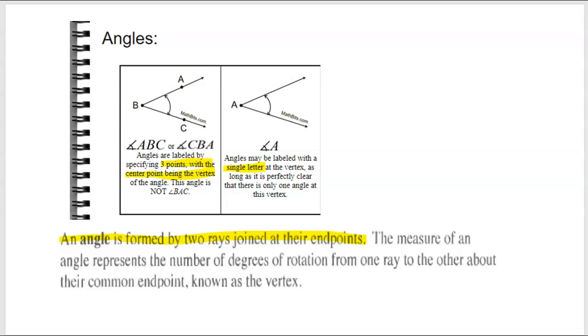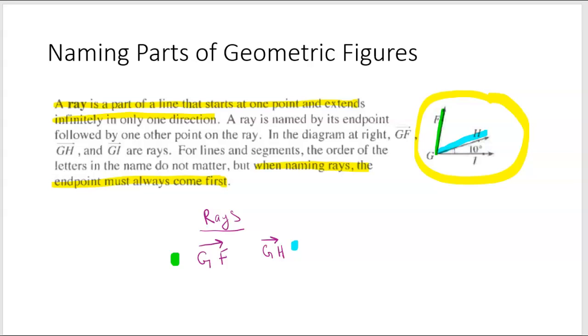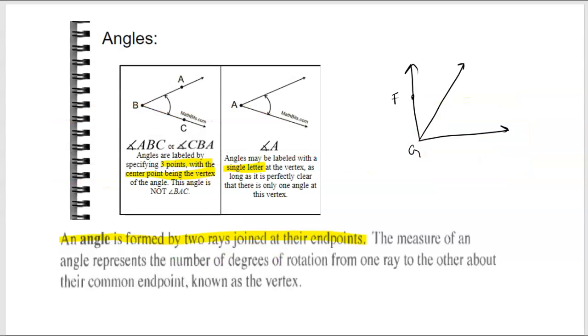So for instance, that last picture, let me redraw it over here. So I believe this was G, we had an F, and we had, I think it was an H, yeah, and then there's an I, so H and I, so we can use the same thing.